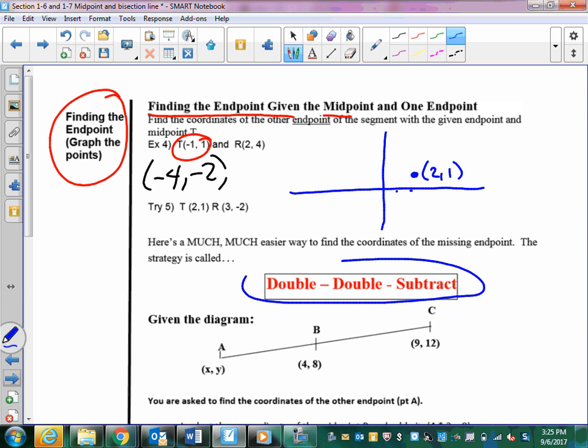And the other one is 3 and negative 2. So this is the other endpoint, positive 3, negative 2. Remember, this is my midpoint. This is my R, and I'm trying to find where S is.